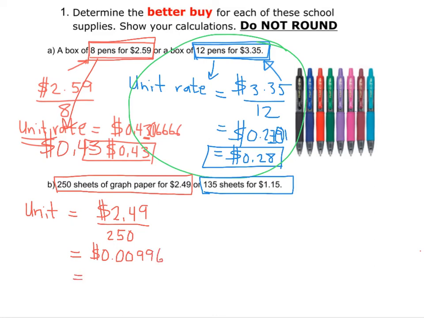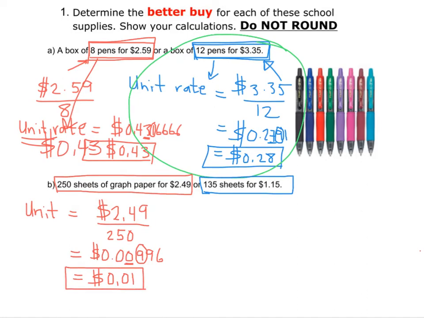Let's round this to the nearest penny, which is 2 decimal places. So it's 0.0, and should I round this up or leave it as 0? Well, the next number is 9, so I'm going to round that up. So it's basically a penny a sheet.